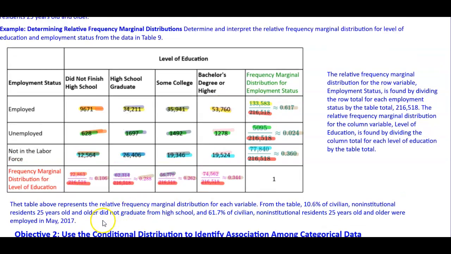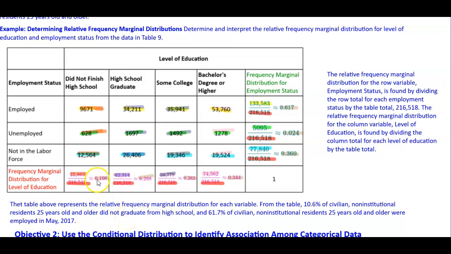Now again, the table above represents the relative frequency marginal distribution for each variable. So from the table, 10.6% of civilian, non-institutional residents 25 years old and older did not graduate from high school.